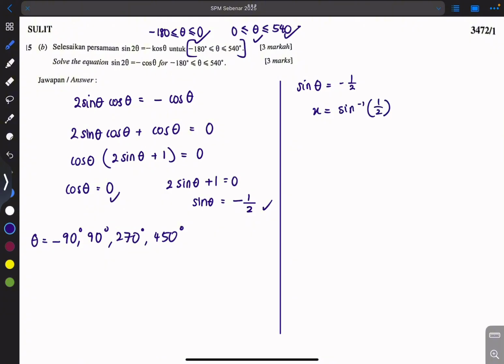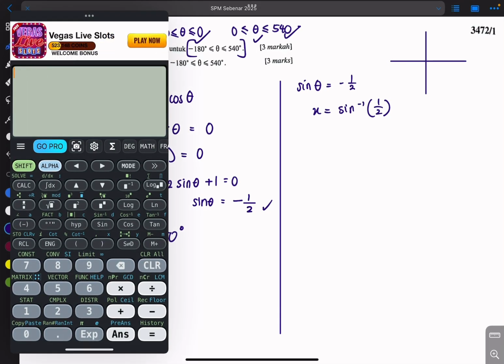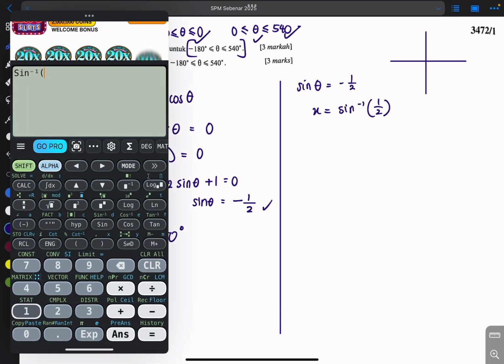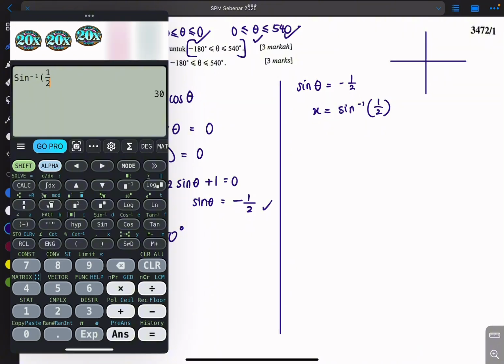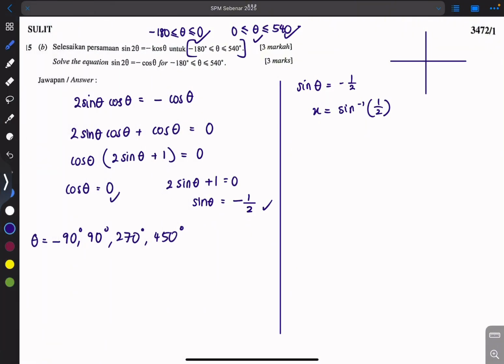This is the reference angle. Reference angle, we must always take positive. Even though it's negative, you must omit the negative. Just take positive. This is just for reference. This is not part of the answer. So shift sine 1 over 2, we get 30 degrees. So our reference angle is 30 degrees.